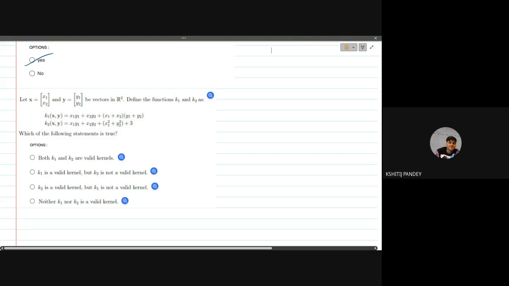We can directly check if the function is symmetric by interchanging x1 with y1 and x2 with y2. But to check if it is positive semi-definite, we will need the data set, and that's not given. You may have other methods, but I guess they involve integration and all that.